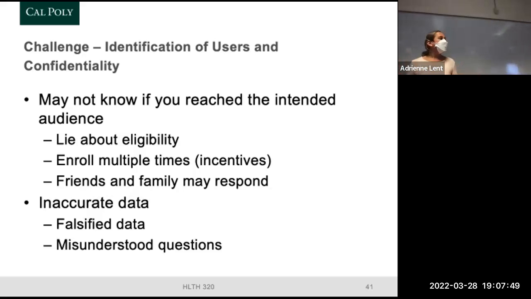And people can misunderstand questions too, right? Sometimes, researchers or people who have designed interventions think that their questions are the greatest thing since sliced bread, and then people go to take them and they're like, what are they asking? Like, that's really confusing, right? So there can be some issues around misunderstanding the questions as well.